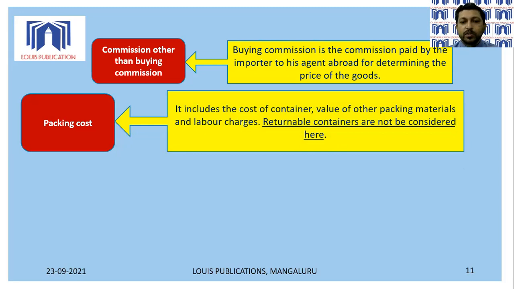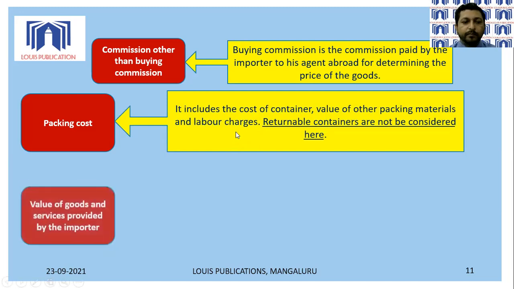So it includes cost of container, value of other packing materials, and labor charges. Returnable containers are not to be considered here. Returnable containers, if included, must be excluded. That will not form a part of packing cost, and in turn, it will not form a part of assessable value. So the value of non-returnable containers only will be included in the cost of packing.